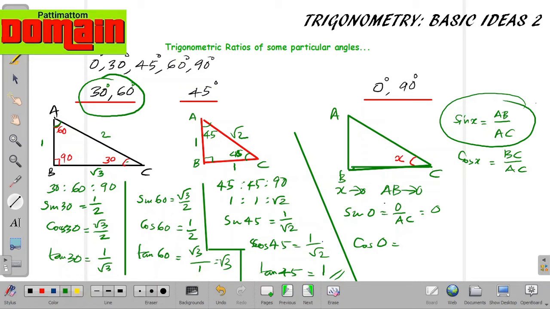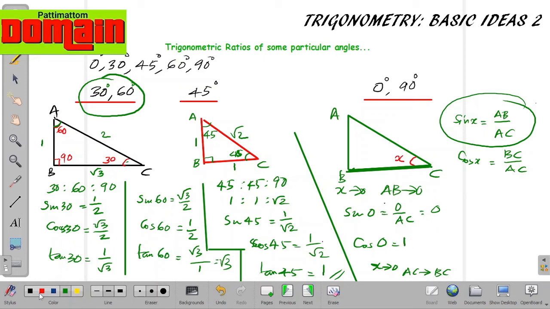What happens to hypotenuse AC? Hypotenuse AC reduces and finally becomes almost equal to BC when X approaches 0. Therefore, cos x is equal to BC by AC, and BC and AC are equal. Therefore, cos 0 is equal to 1.